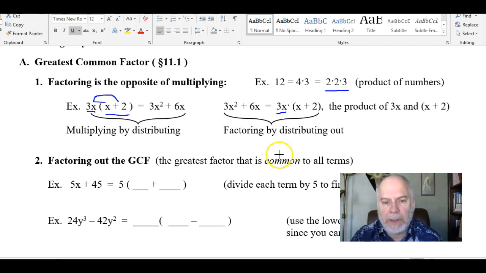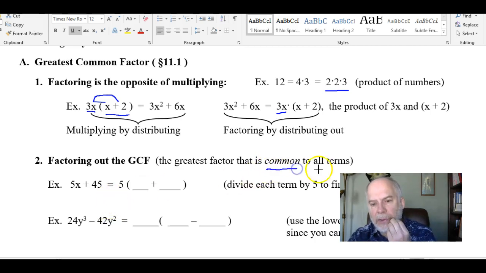All right. Now, factoring out the greatest common factor is a skill that's very important. You have to find a factor that's common to all the terms, not just some terms, all the terms. Now you can see here that 5 is a common factor of 5x and 45.